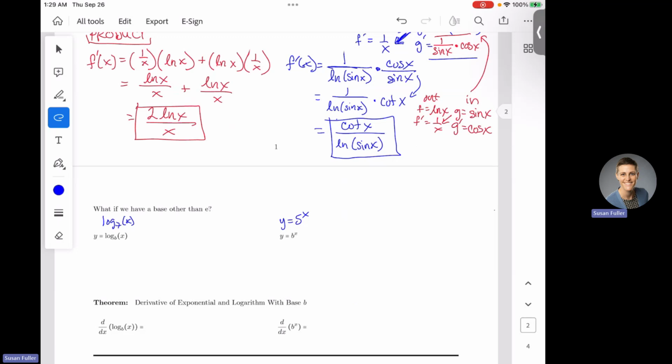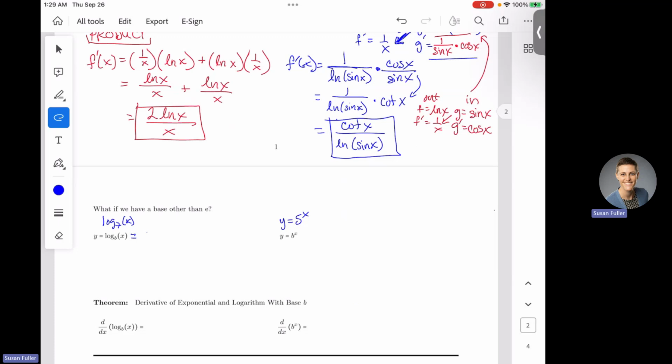Well, in order to do that, we're going to start with log base b of x, and we are going to turn it into things with ln's using our change of base formula. The change of base formula is something you have seen in college algebra and pre-calculus. If I were to put log base 7 of 2 into my calculator, I don't have a log base 7 button, so we have to use the change of base formula.